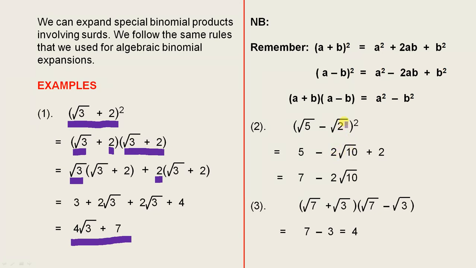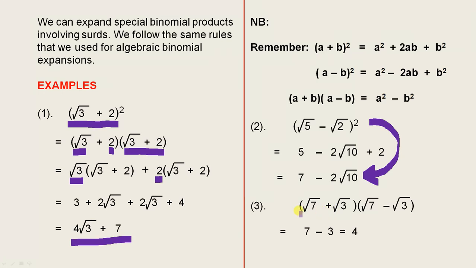The second one squared, which is there, is 2. So 5 plus 2 gives you 7. So that's 7 minus 2 the square root of 10. So when you expand that, this is the answer.